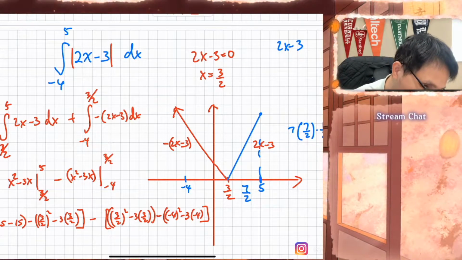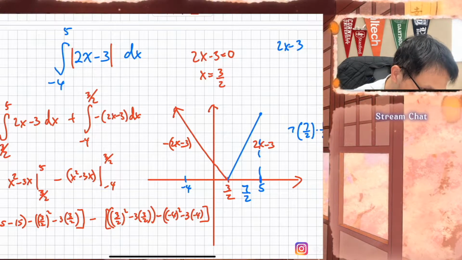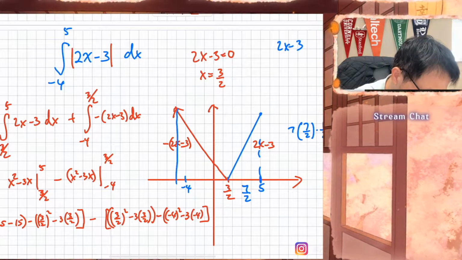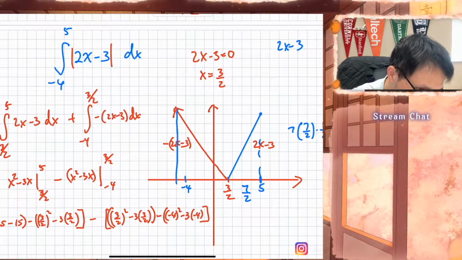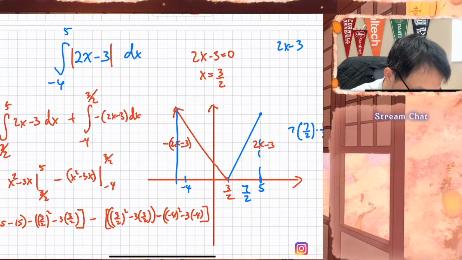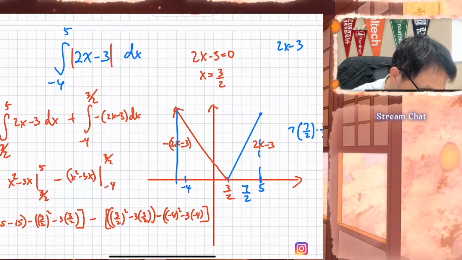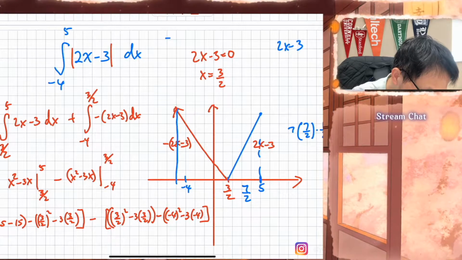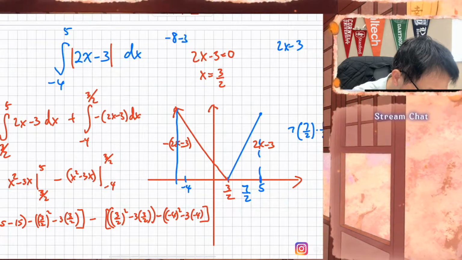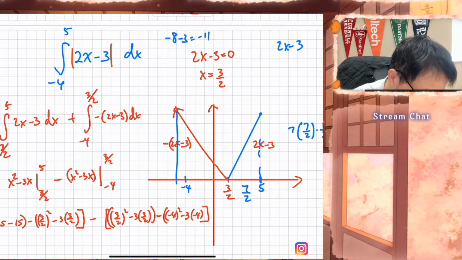And how about if I want to find out this height here? What do you think that is going to be? It's the same, right? Plug into the negative. Opposite. Plug in -4, so it'd be -8, then -3, so it'd be -11, right?